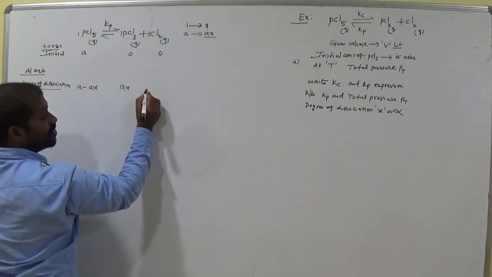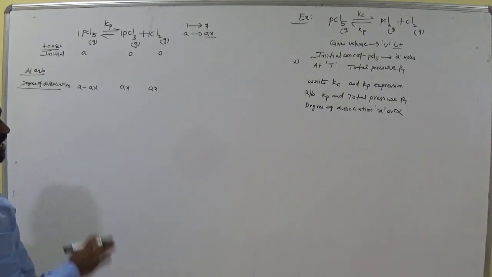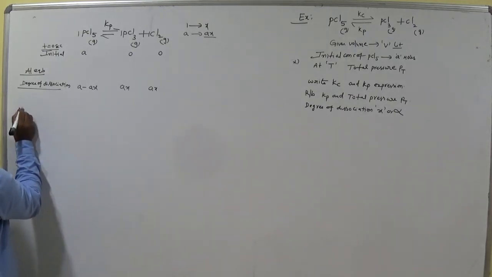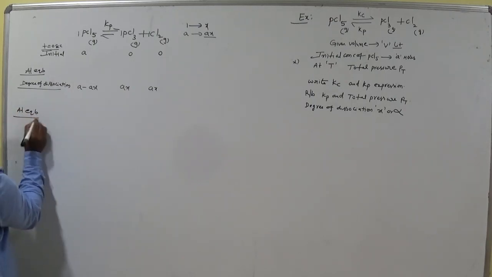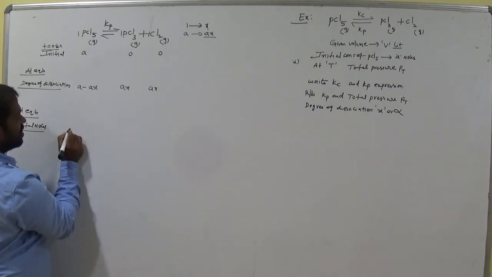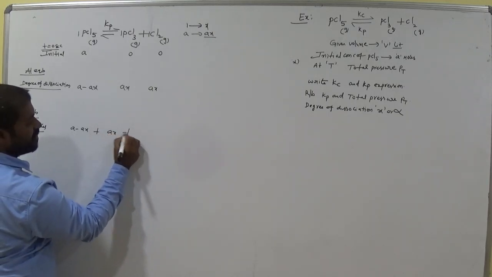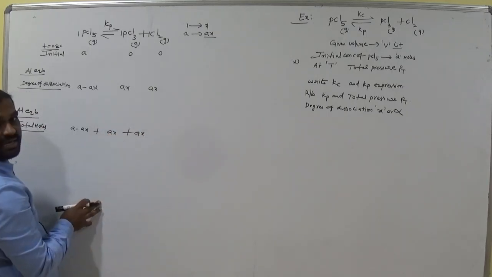Suppose here it is 2 into Ax, but here we have only 1, that is why A into x only. Now at equilibrium, total moles means A minus Ax plus Ax. Is it clear?